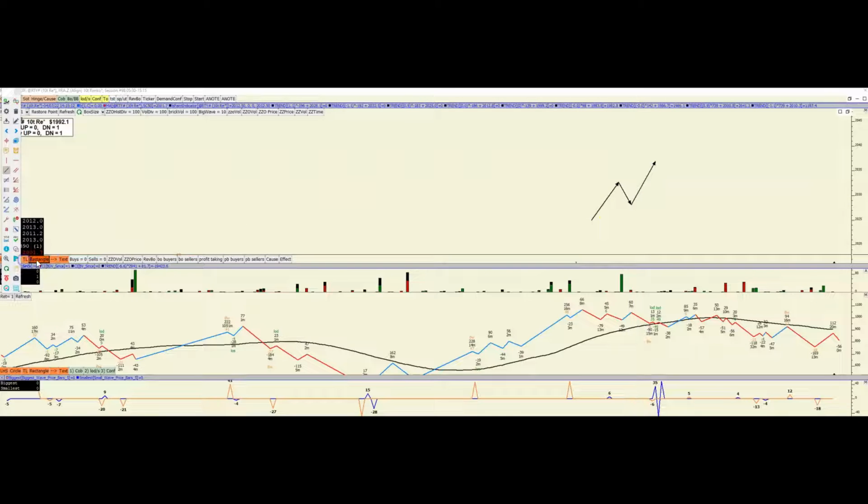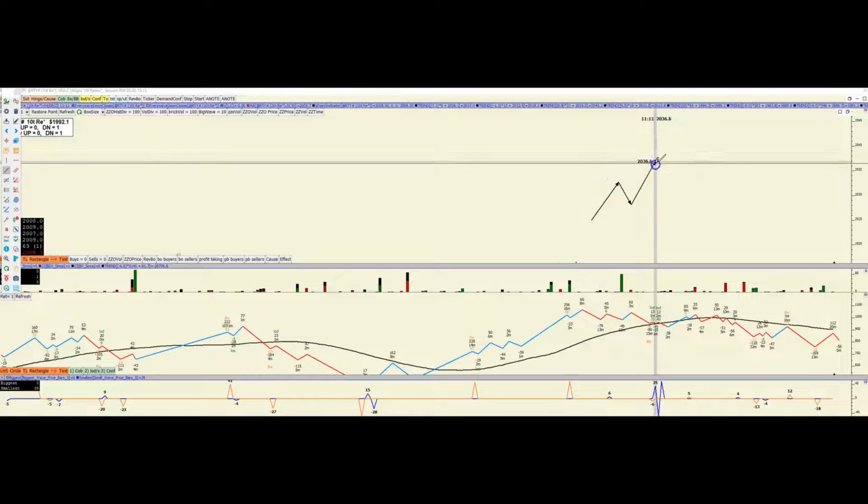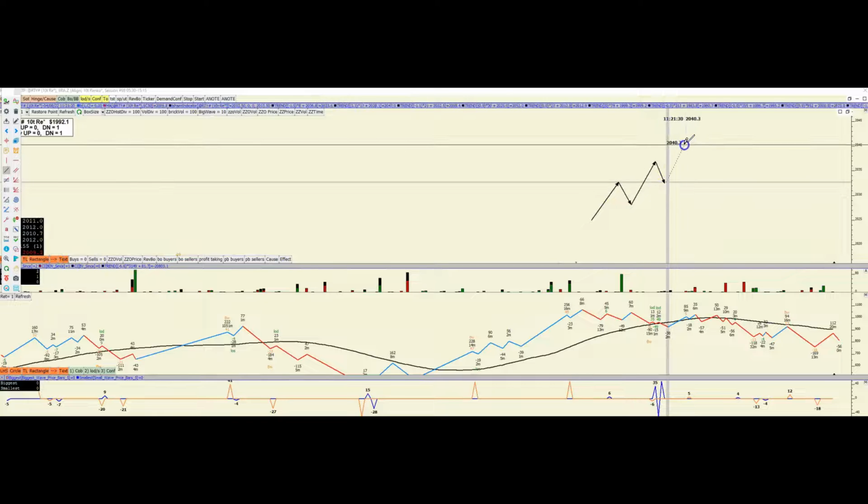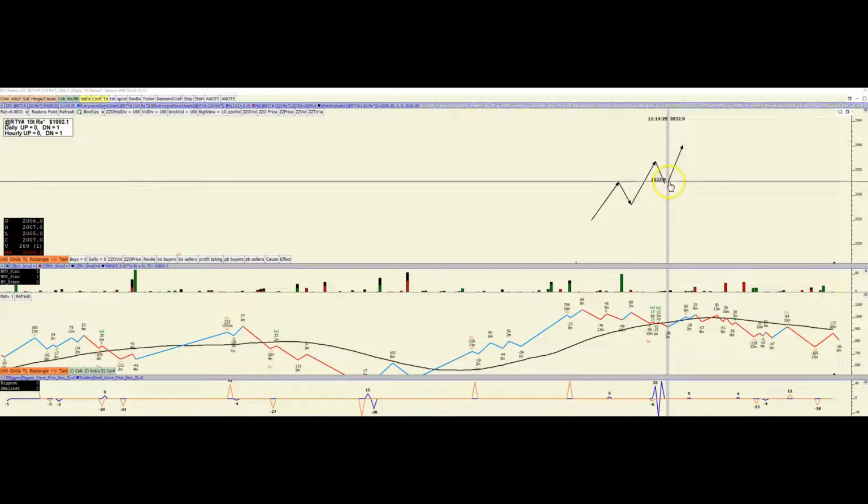There is no other way for the market to reach a higher price objective. The market must, I repeat, up waves have to be bigger than the down waves. This is a fact. This is mathematical. You cannot go higher unless your up waves are bigger than down waves. And you can't go lower unless your down waves are bigger than your up waves.